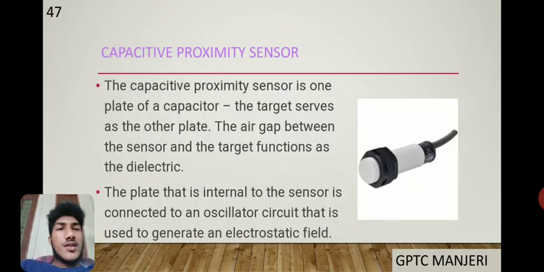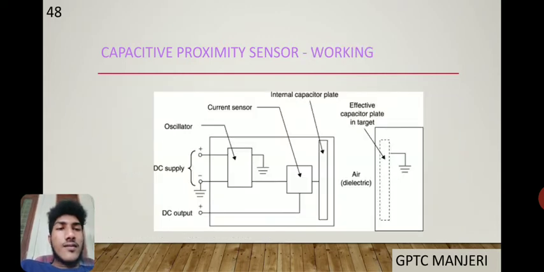Capacitive proximity sensor. The capacitive proximity sensor is one plate of a capacitor. The target serves as the other plate. The air gap between the sensor and the target functions as the dielectric. This is the working diagram of the capacitive proximity sensor.